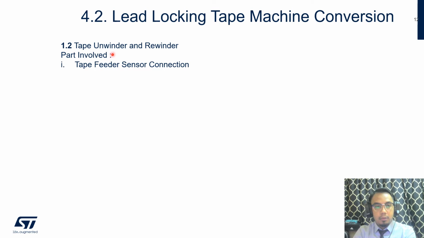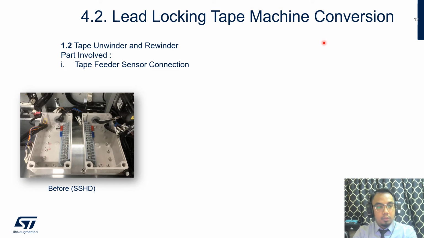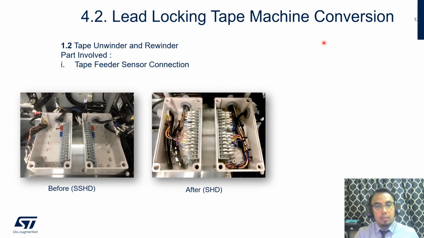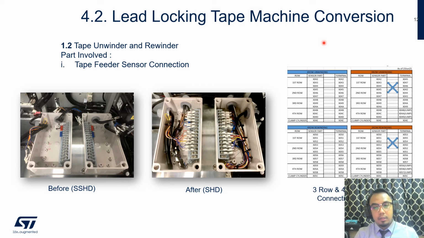The next part involved in conversion is the tape feeder sensor connection, where we have to convert the sensor connection from super high density to the other super high density connection, or vice versa. The connection must be done by following the 3-row and 4-row connection diagram. Because my background is in electrical engineering, this is the part that I really enjoyed.